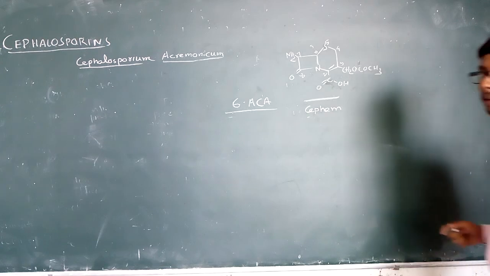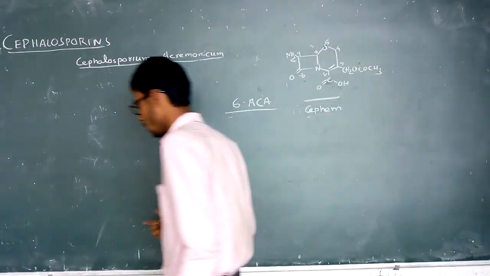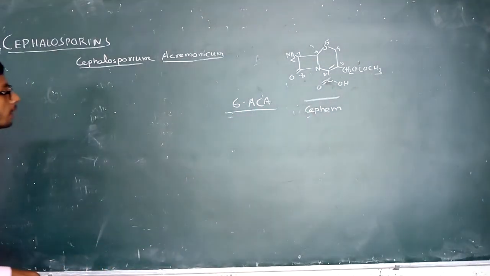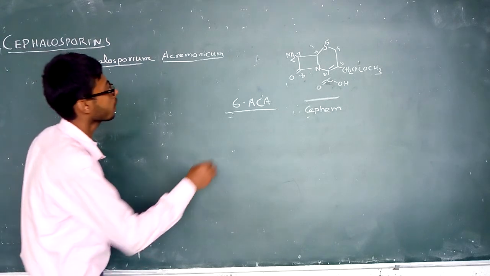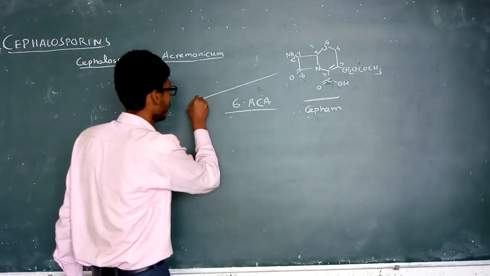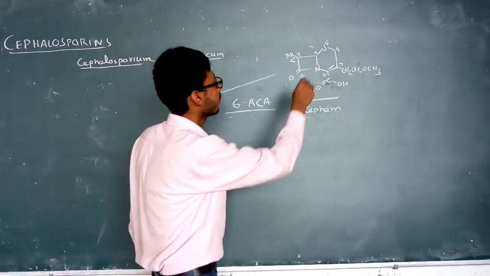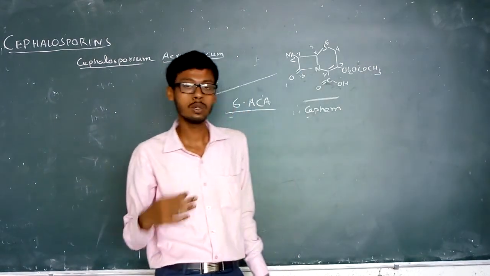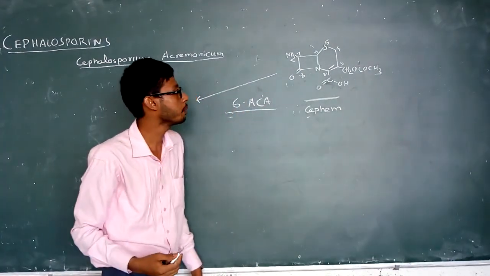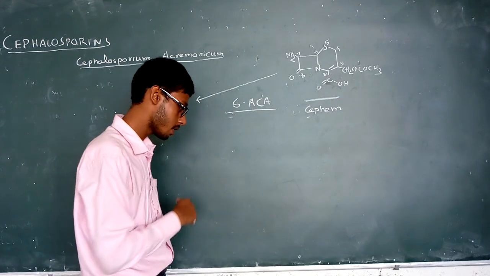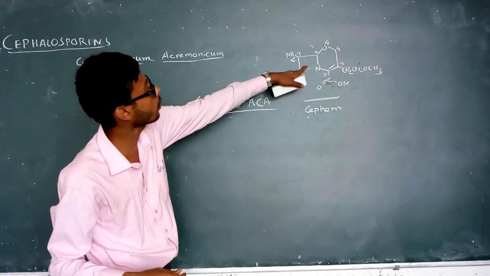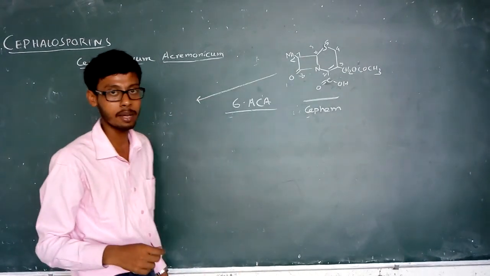Now focus on the mechanism of action portion, and we find that the cephalosporins contain a 6-member ring, so there is reduced ring strain. In the previous case we saw that the penicillin contains a 5-member ring.